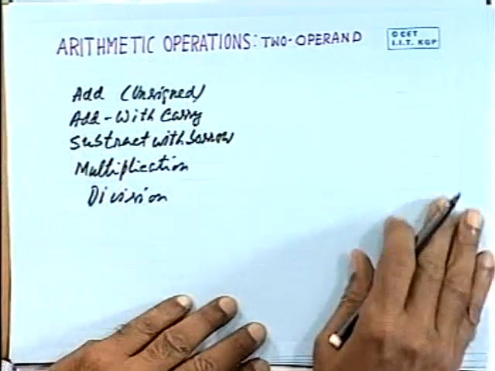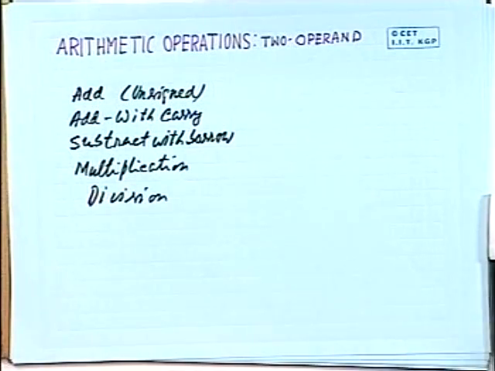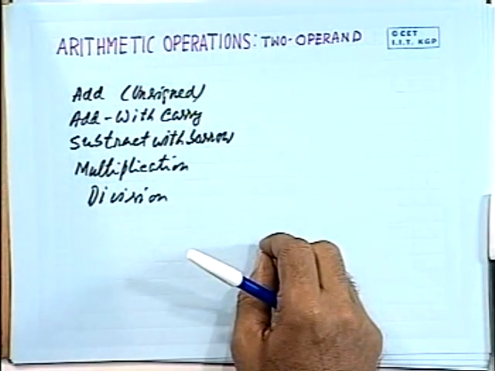These are the 5 arithmetic operations which are supported by 8051, and this is shown in this particular list.